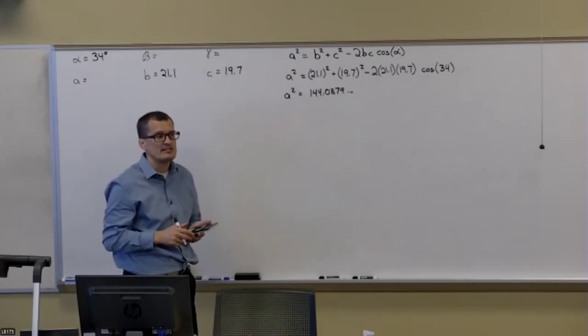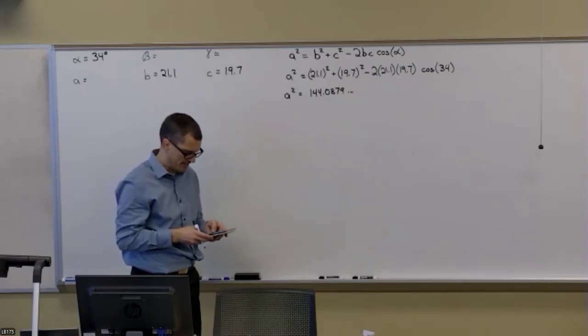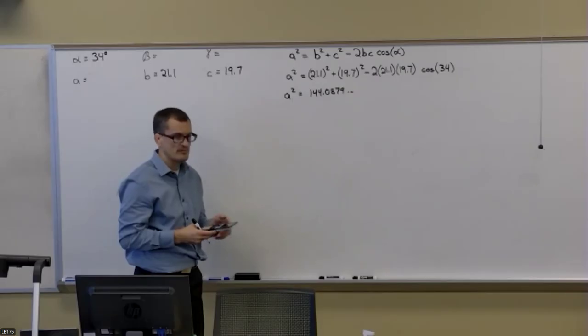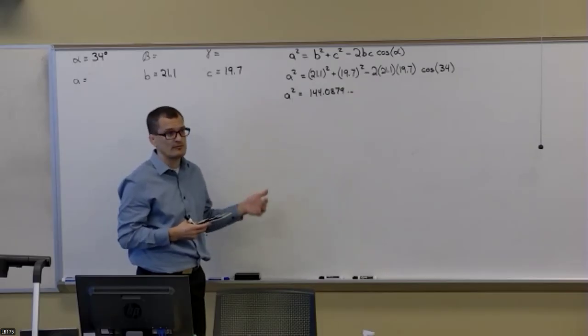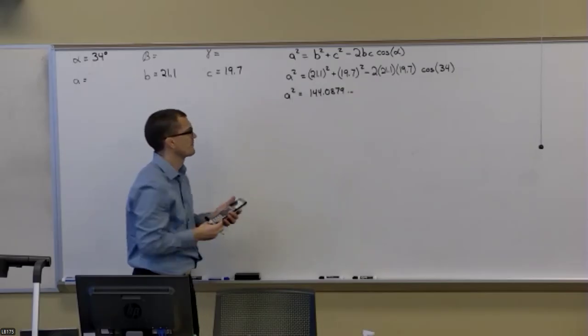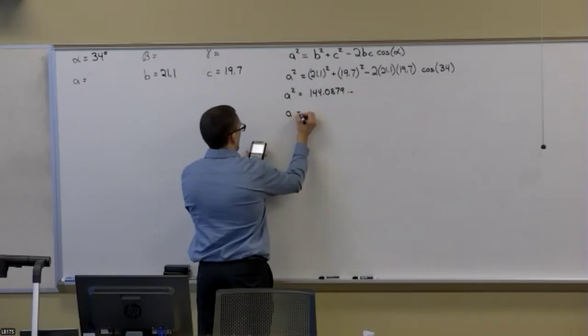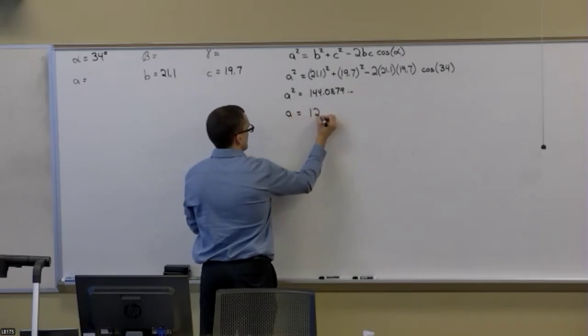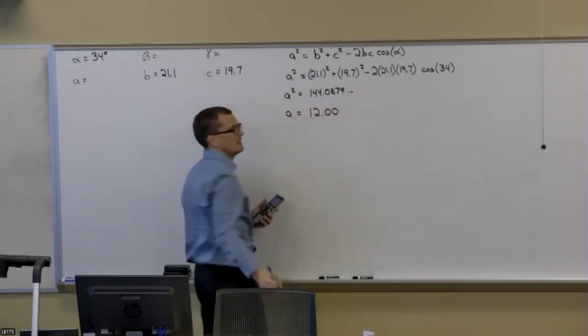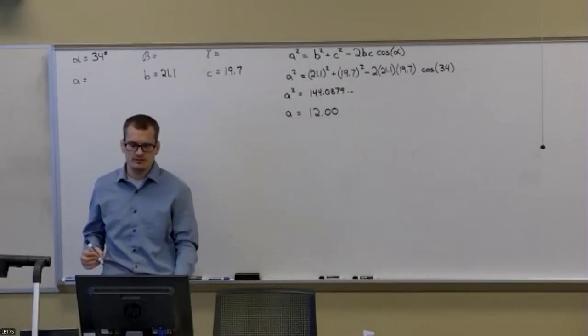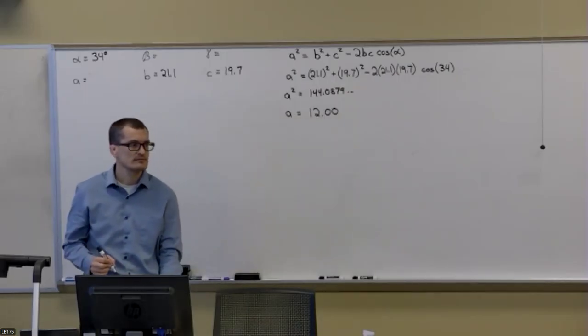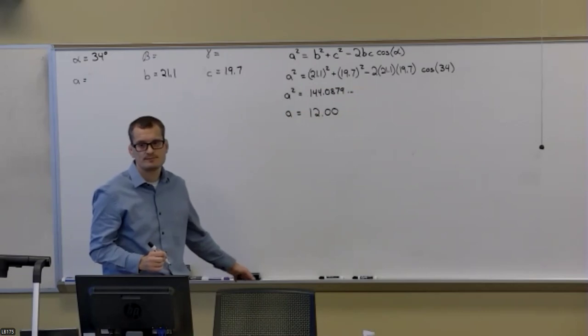And I'm just going to take the square root of that number. Second answer, so square root of my answer. And that gives me an A value of about 12.00, rounding it to 2 decimal places. Anybody else get that?